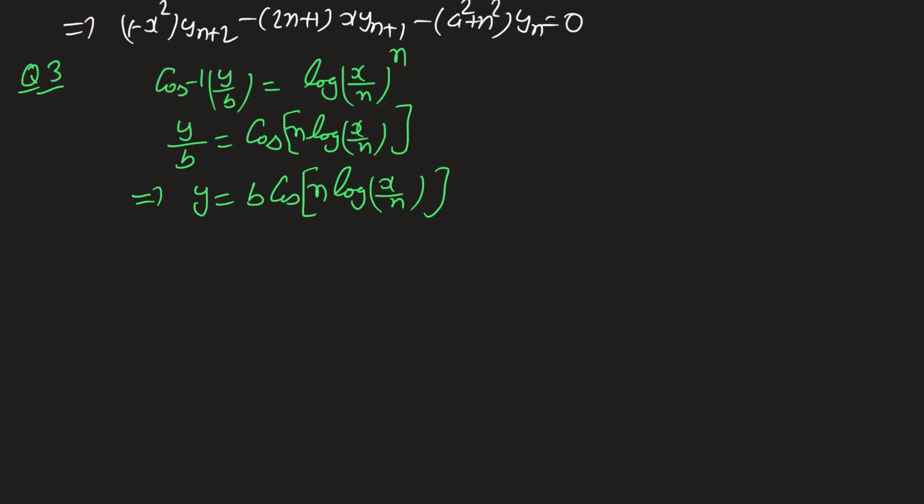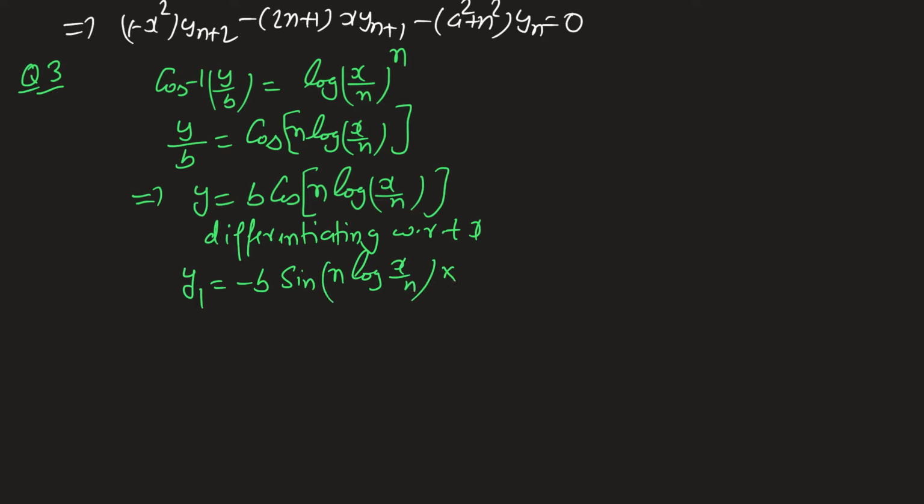Now you have to differentiate it because we don't have a formula for cos in which its argument is log. So we will be differentiating with respect to x. So what will we get? Minus b sin (n log (x by n)) into n. This cos is done. Now n is constant.